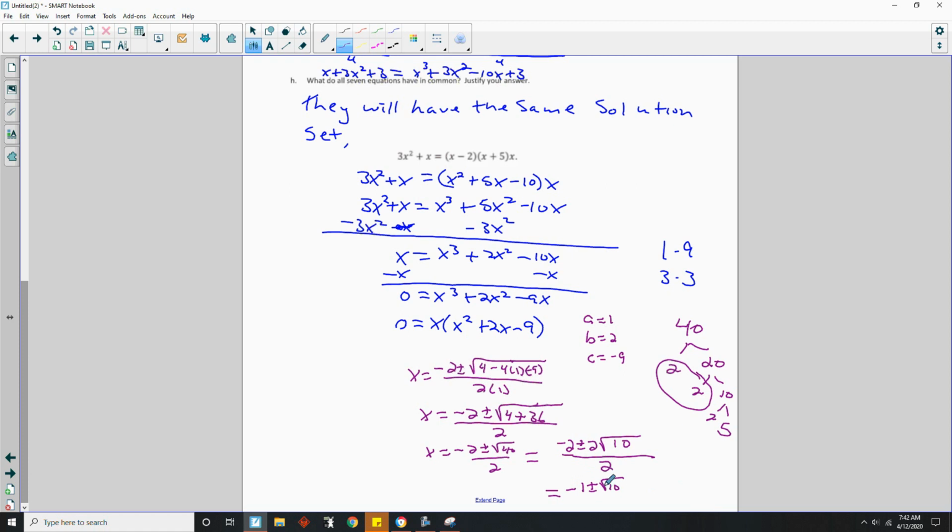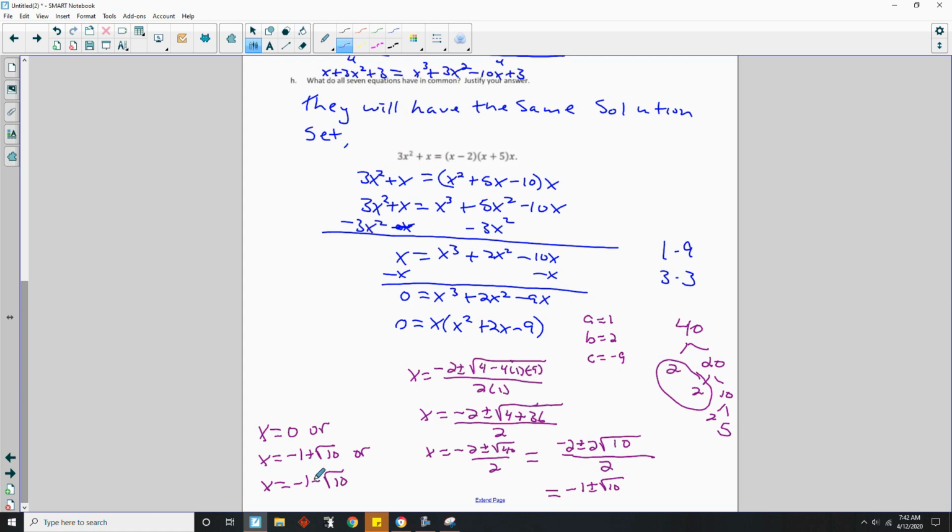Okay, so that is 2 of my solutions, and my third solution is 0 because x equals 0 times this would be 0. So my answer would be x equals 0, or x equals negative 1 plus the square root of 10, or x equals negative 1 minus the square root of 10.